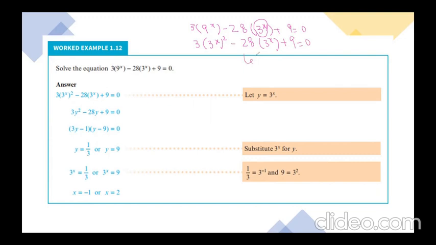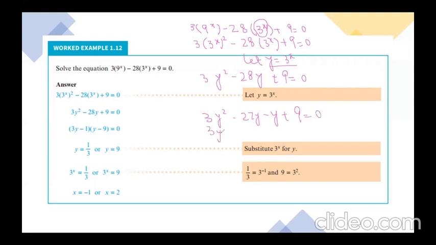So let y equals 3 power x, so y square minus 28y plus 9 equals 0. Now make it y square minus 27y minus y plus 9 equals 0.